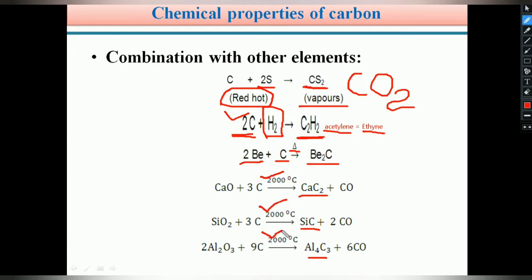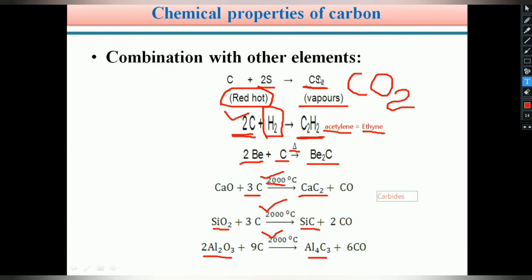That's why we clearly said that under normal conditions it does not react readily, like other fourth A group elements. At 2000 degrees centigrade, when we treat carbon with calcium oxide, silicon dioxide, or alumina, Al2O3, it forms the corresponding carbides.